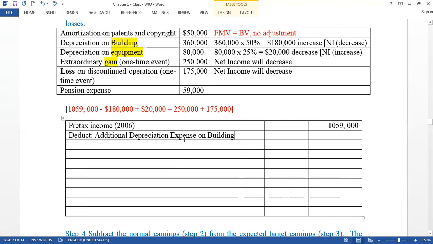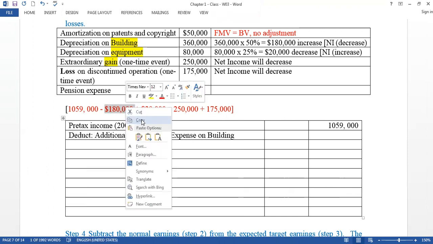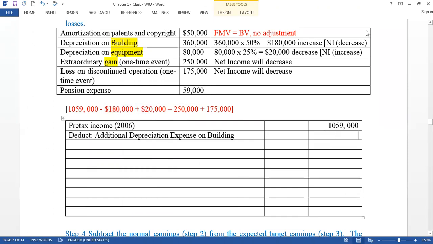So additional depreciation on building is going to be deducted from our income. I can put a first bracket to make it easier for you. So this is going to decrease.